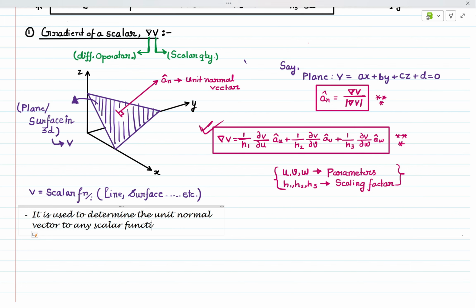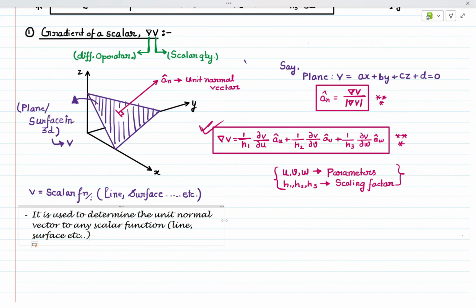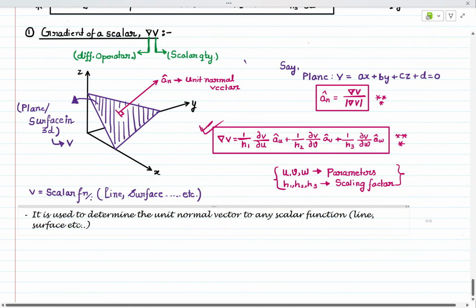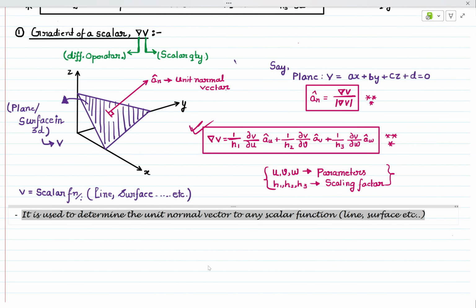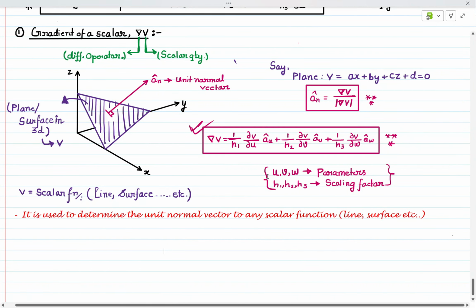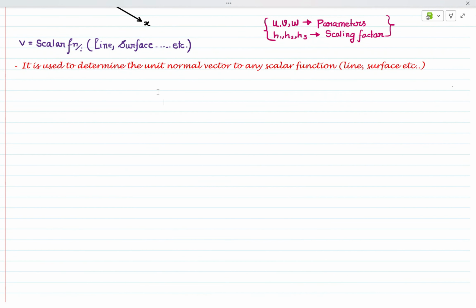Now the scalar function may be line, surface, etc. That is the use, to determine any unit normal vector.